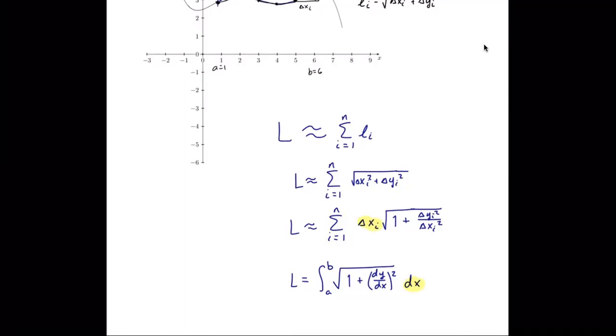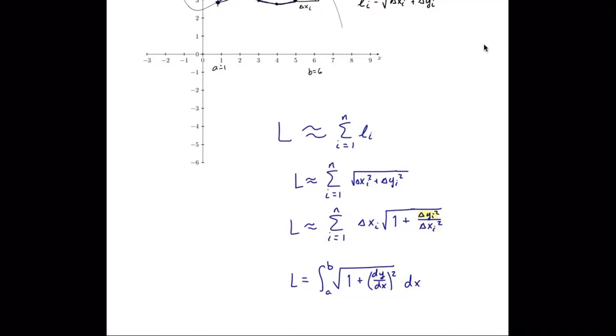There's a little bit of mathematical detail that we're not taking care of right here. But this delta yi over delta xi becomes dy over dx. It's a common thing we see in these calculus classes, where we have a delta y, delta x, we take the limit as n goes to infinity, and then that delta becomes a d, this infinitesimal differential dy or dx, or whatever might be suitable.